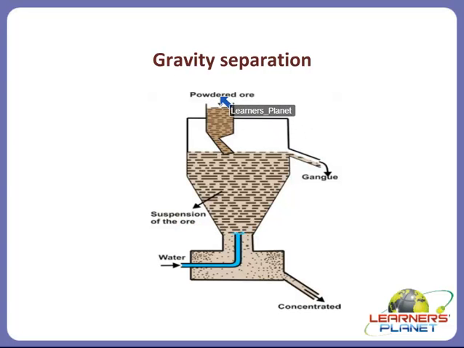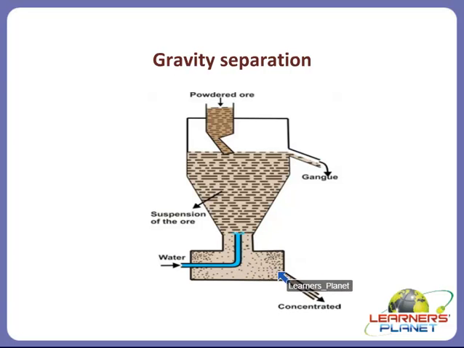And powdered ore is poured from here. It is agitated. And fresh water is passed from here. So as a result of agitation, what will happen? The lighter particles will move out and the heavier ore particles will settle down.